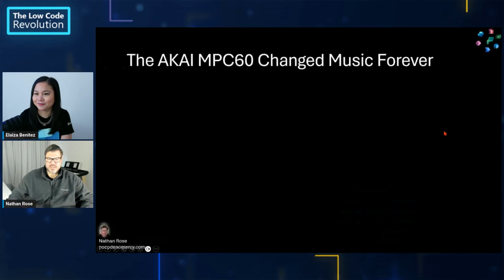But before we get into things, I want to take a quick trip through music history and talk about the sampling machine. Back in the late 1980s, there was a machine made by Akai called the MPC 60, and it changed music forever.